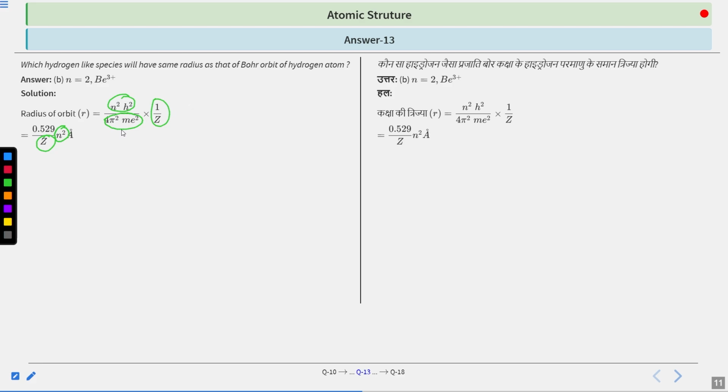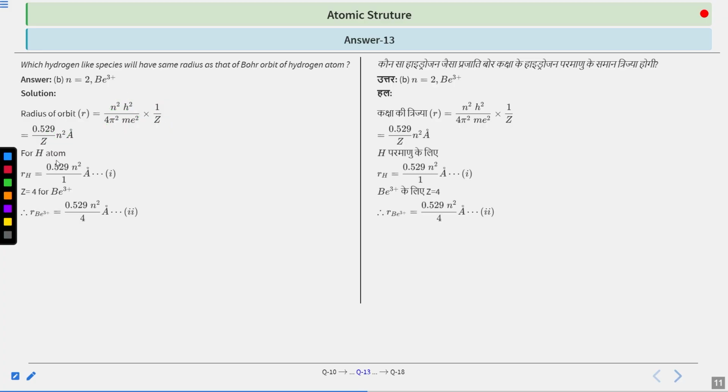Other than that, mass and charge are all constant. If you put all these values, you will get 0.529. Now for hydrogen atom, Z is equal to 1, so it will be 0.529 n square by 1 angstrom.